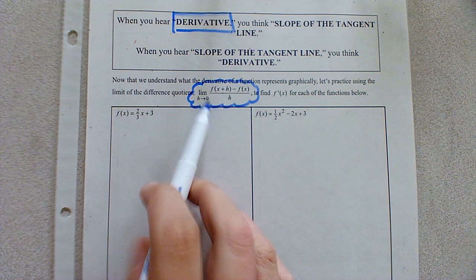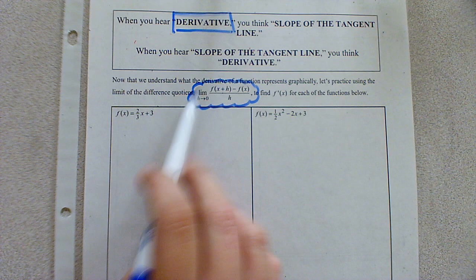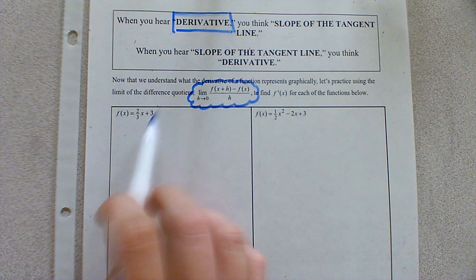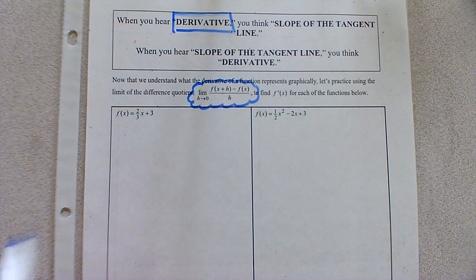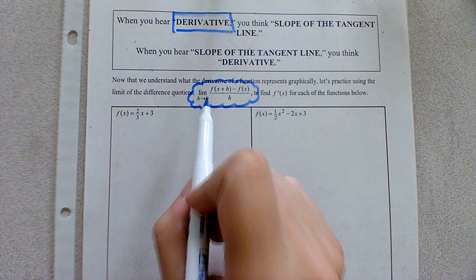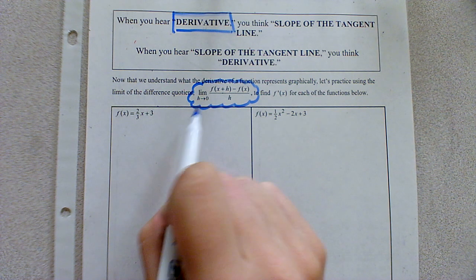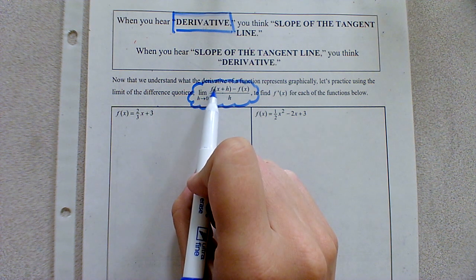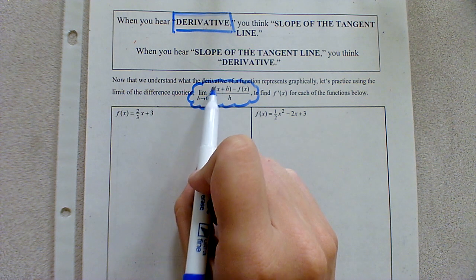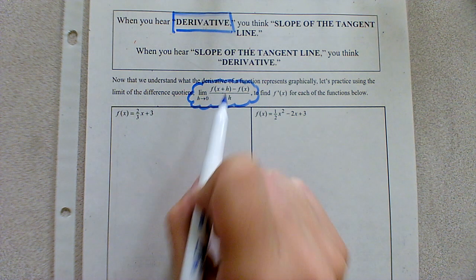So what we're going to try to do is apply this limit equation, okay, this derivative formula, to these two particular examples. If you take a look at the limit itself, this time we have h approaching 0, so it's no longer an x, and we have this interesting notation f of x plus h.